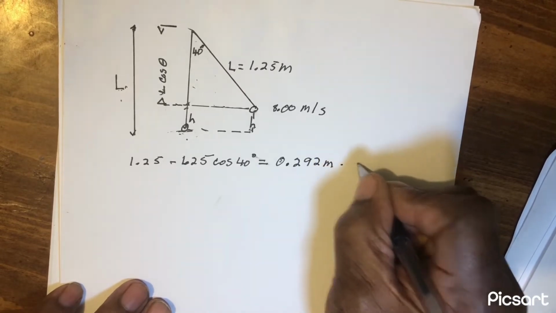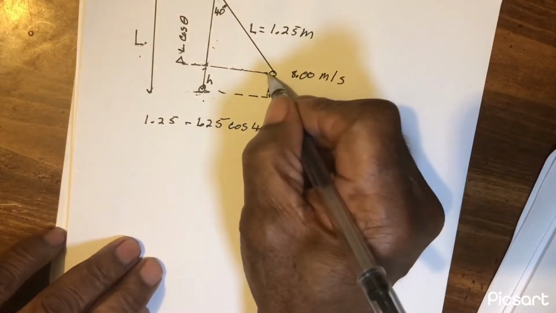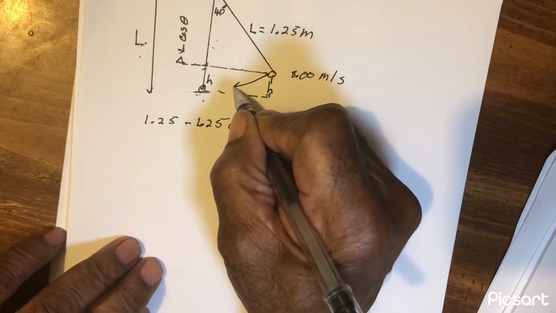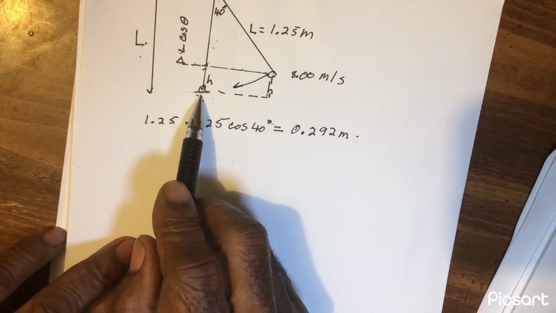This is the height we want. And this will allow us to calculate the velocity at the lowest point of this pendulum.